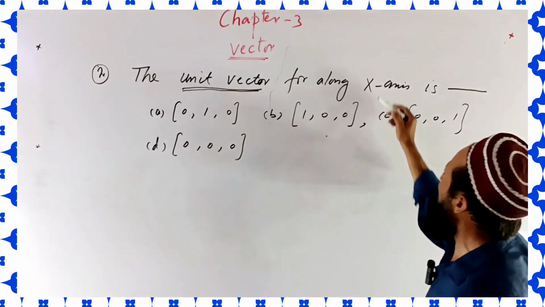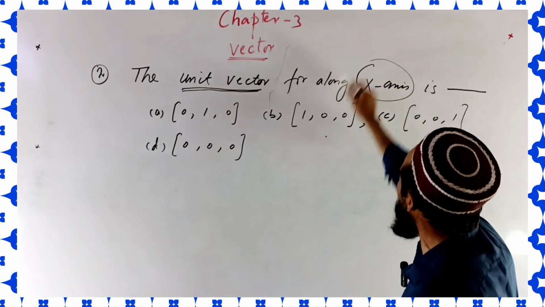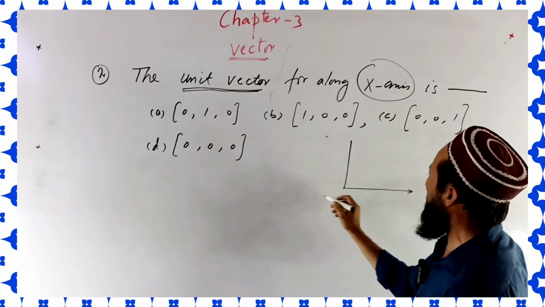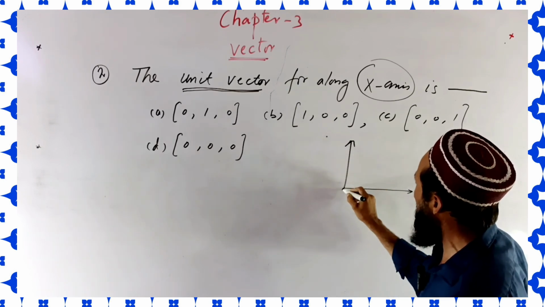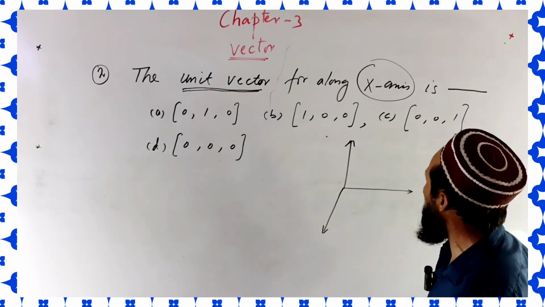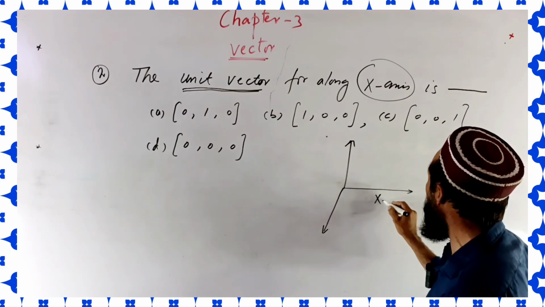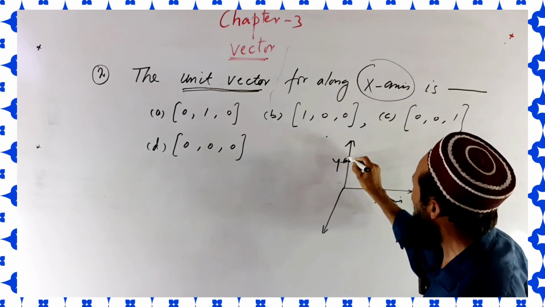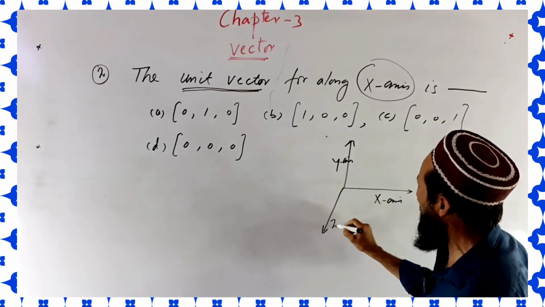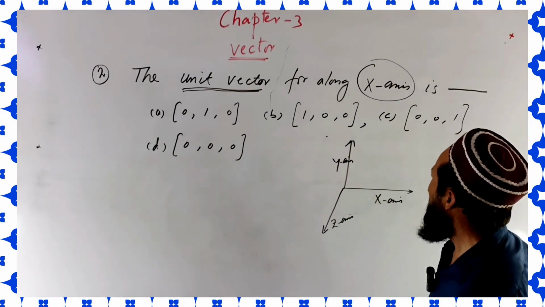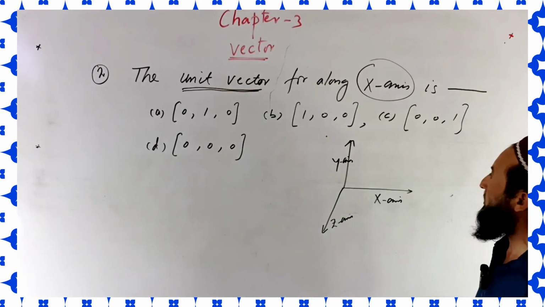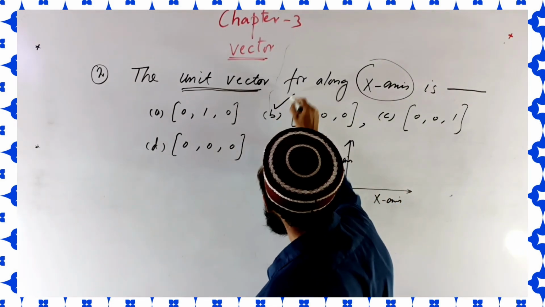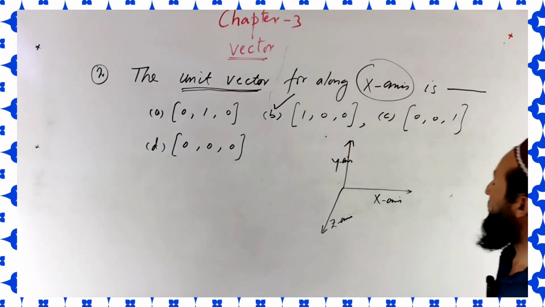But here the direction is along x-axis. In three-dimensional space we have the x-axis, y-axis, and z-axis. So along x-axis means the first one is correct.